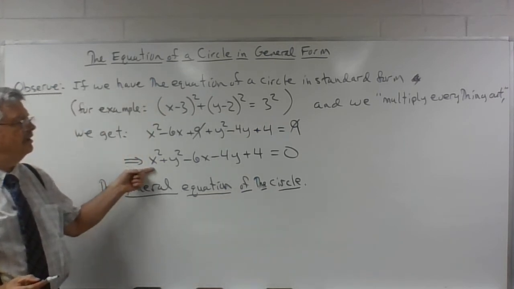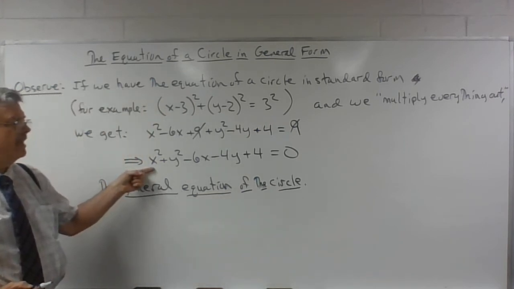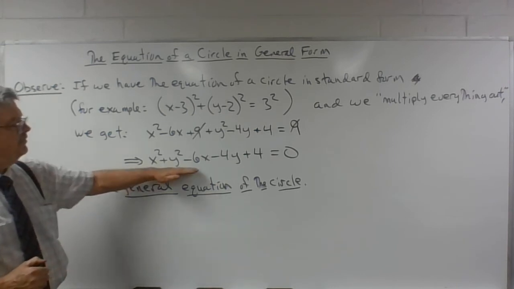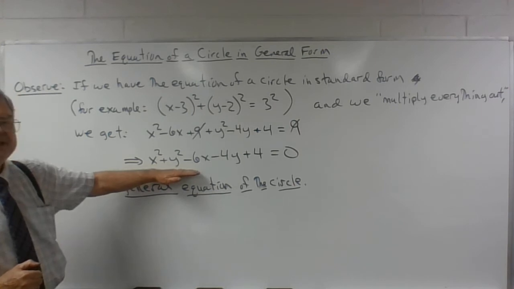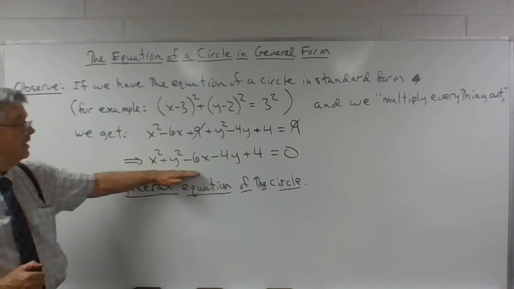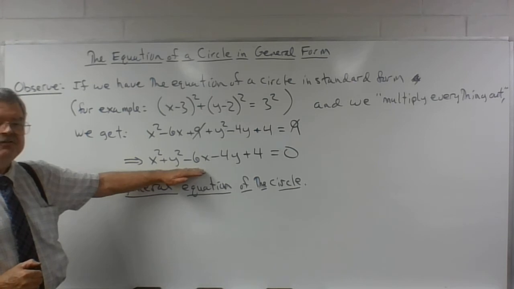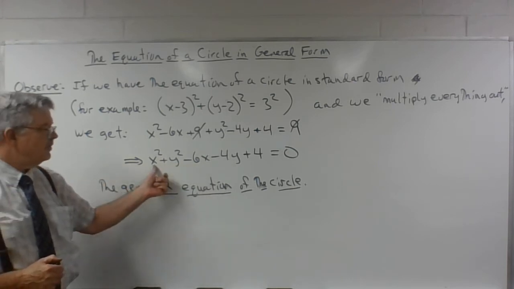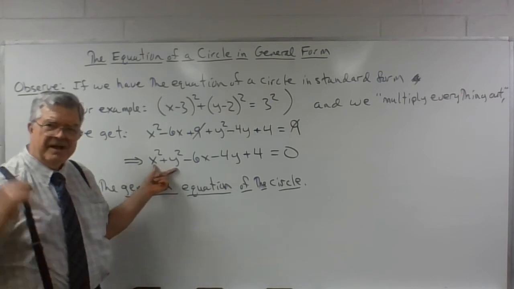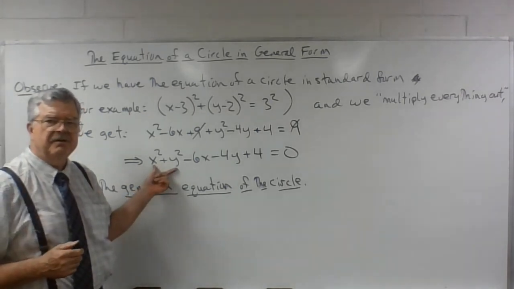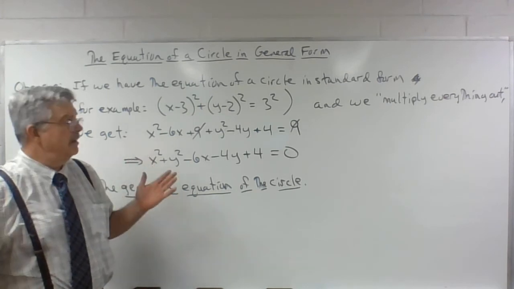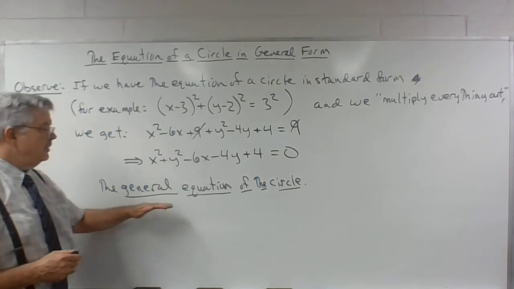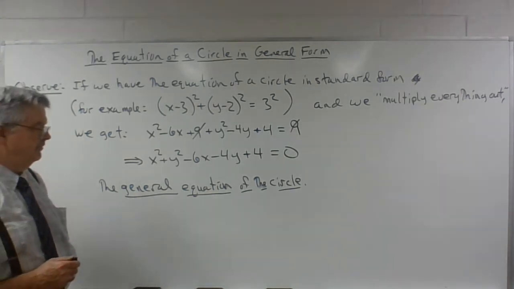This piece of junk, which tells us absolutely nothing. Can I look at this and say that the radius is such and such? No. Can I look at this and say that the center is such and such? No. I have an x squared and a y squared, so I feel kind of confident that this is a circle. But what's the center? I don't know. What's the radius? I don't know. This is what we call the general form of the circle.